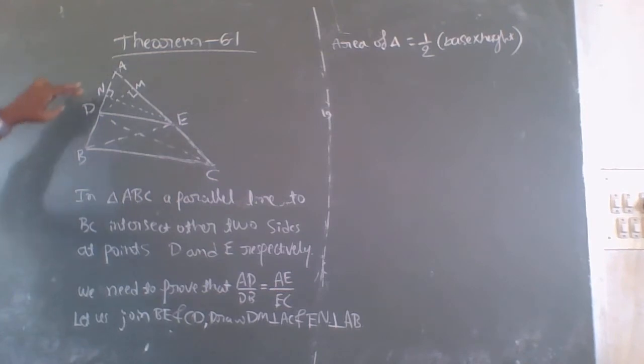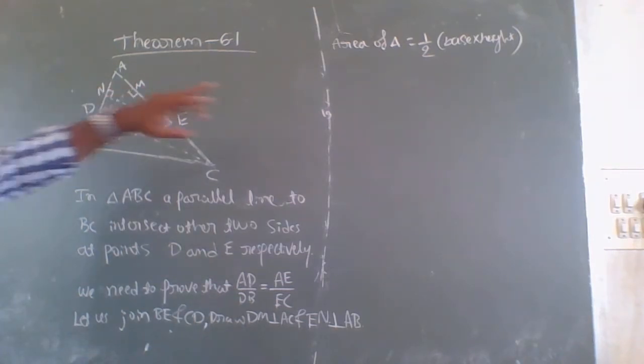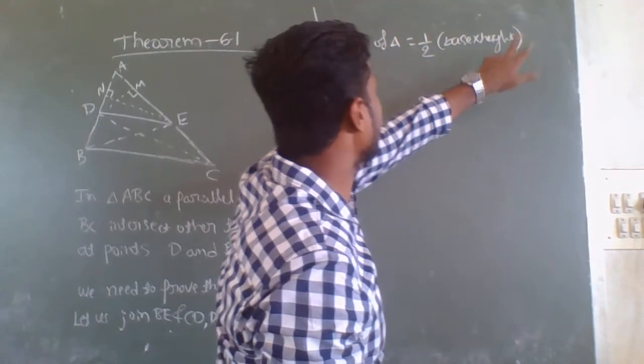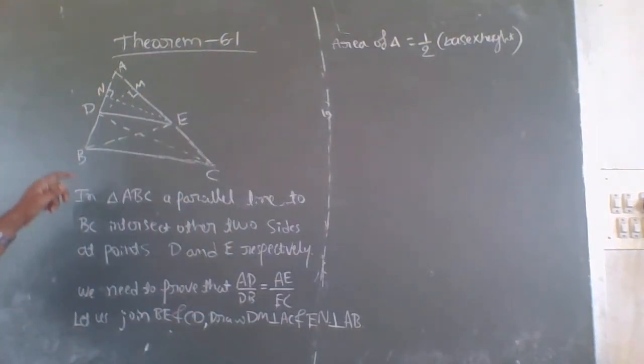Therefore, in triangle ADE, AD is the base. If AD is the base, what is the perpendicular line or height? So here I will consider EN as the height, because this EN is perpendicular to side AB. Therefore, EN is the height of the triangle.